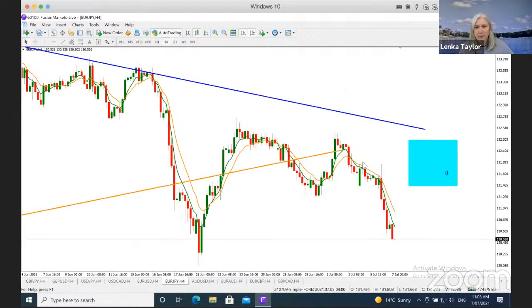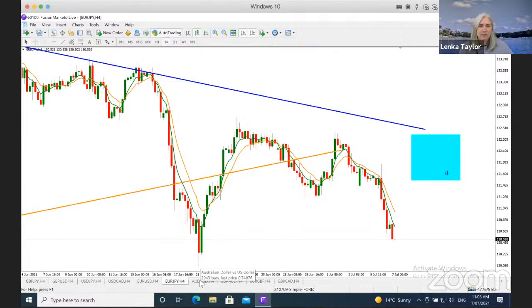Therefore, for the 4-hourly entry, I'm looking for a setup near the trend line there. At the moment, it's already playing out, so looking for a pullback. If there is a pullback anywhere in this area, then looking for a short opportunity after that, if there is a reversal in the candlestick patterns.